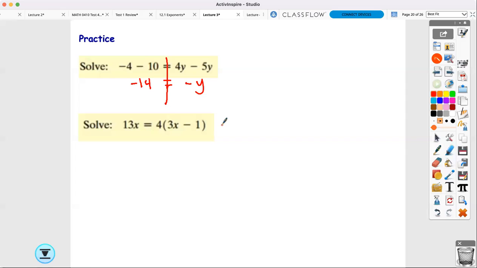What's invisible in front of the y? Divide by 1, not just one though, what kind of one? -1. We divide by a -1, and what we do to one side, we do to the other. Those negative ones cancel out, so then we get y equals -14 divided by -1, which is +14.